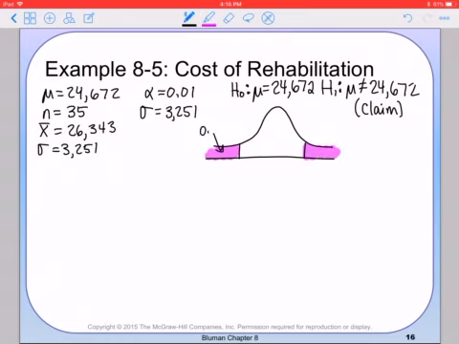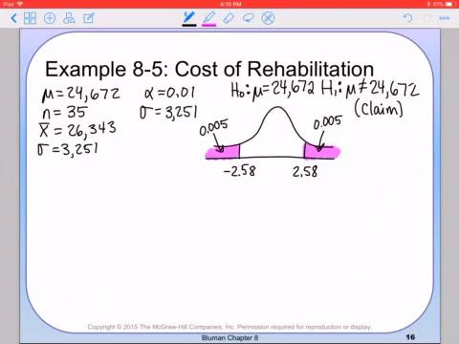So this area is 0.005, and this area over here is 0.005. All right, so you look up 0.005 on your table E, your Z table, and you figure out that the z-score is negative 2.58. There we are. And then since it's symmetric, we have that the positive z-value is positive 2.58.